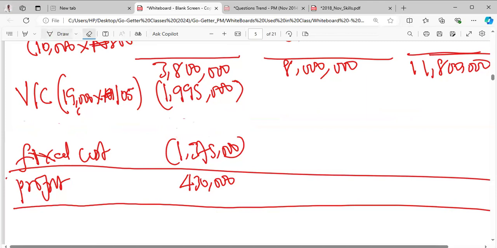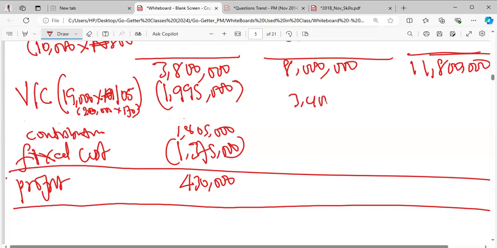Let me write it down. 1805 for its contribution. So here, in the case of this, they are having their 200, the 20,000 multiplied by 170. So that gives them 3,400,000.